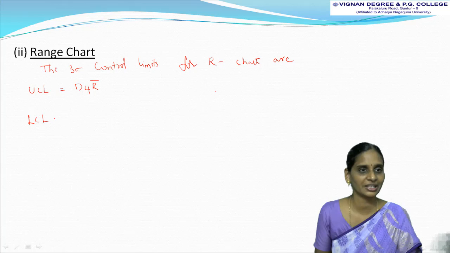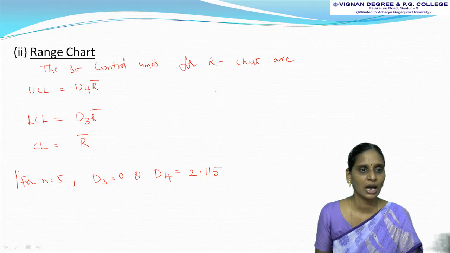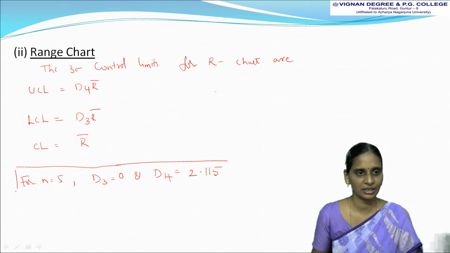The lower control limit LCL is equal to D3 R bar, and the central line CL is equal to R bar. So for n is equal to 5, the value of D3 is 0 and the value of D4 for n is equal to 5 is 2.115. These values are obtained from statistical quality control tables.